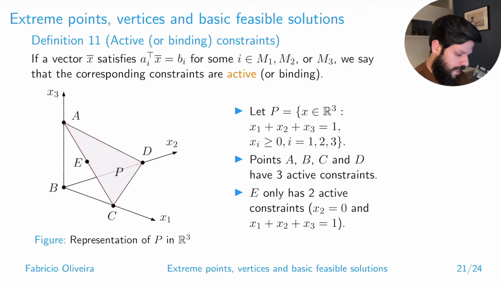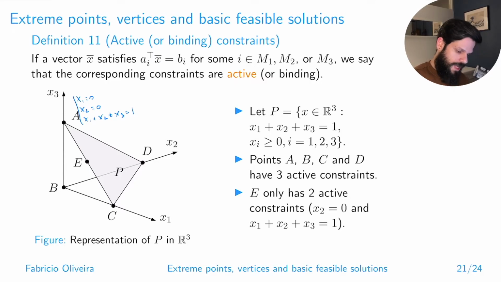And the other active constraints say that x1 is 0 and x2 is 0. So this point has x1 equals 0, x2 equals 0, and x1 plus x2 plus x3 equals 1. So these are the three constraints that are active here.